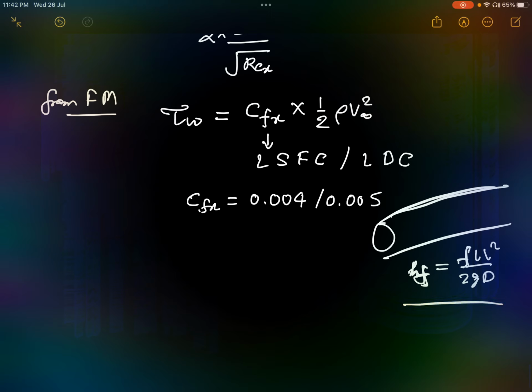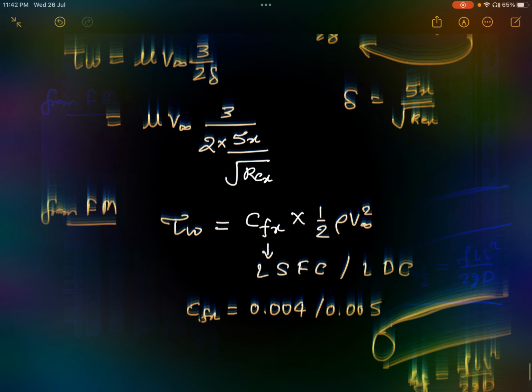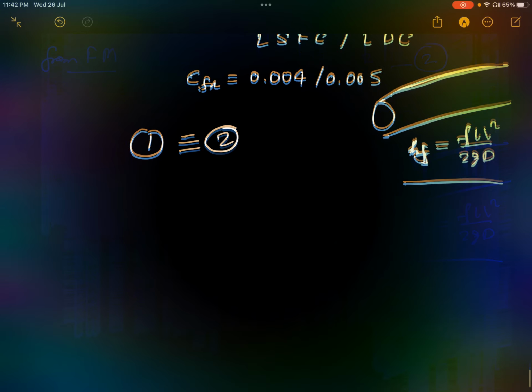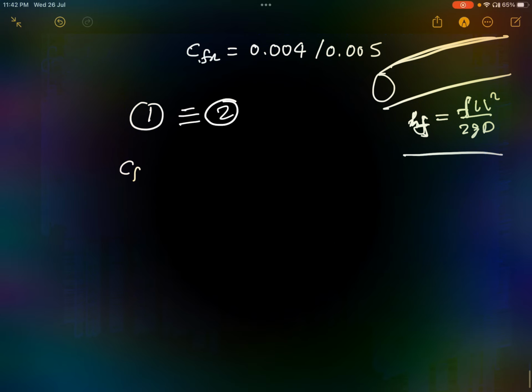We can also find this head loss from the Moody's diagram. So by equating equation 1 with equation 2, we'll find Cfx by 2 is equal to 0.332 Reynolds number raised to the power minus half.